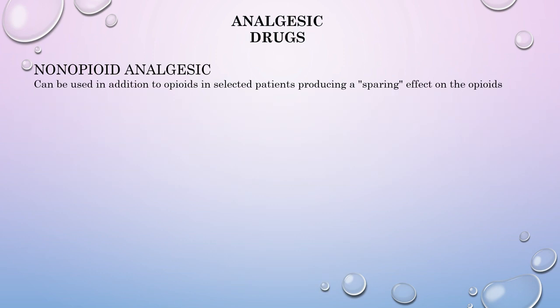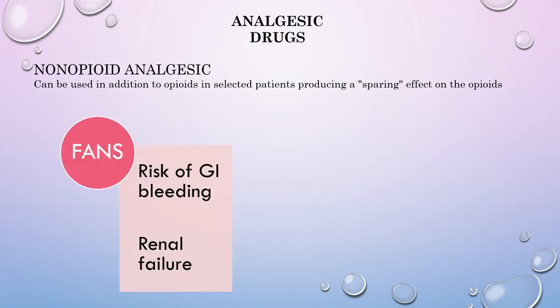Among the analgesic drugs, we can choose also non-opioid analgesics because of the sparing effect on opioids. They can help us to reduce the dose of opioids. This is the Italian acronym for NSAIDs, non-steroidal anti-inflammatory drugs.